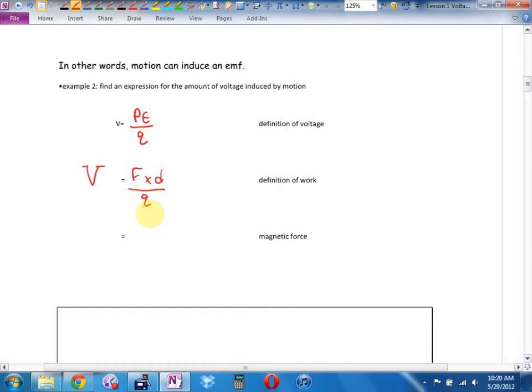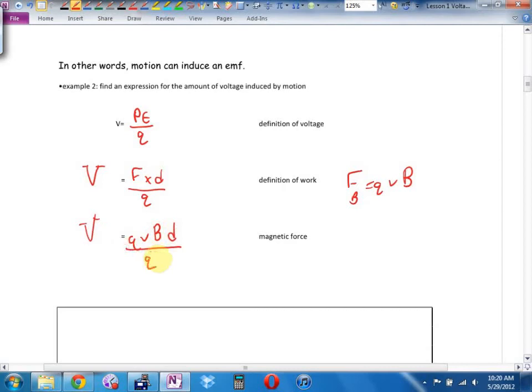Also some nice review, work is force times distance. Which force? Well, magnetic force on a charge. Voltage is going to be, now magnetic force is equal to QVB. So I'm going to stick that in here. I'm going to get QVB times D divided by Q.